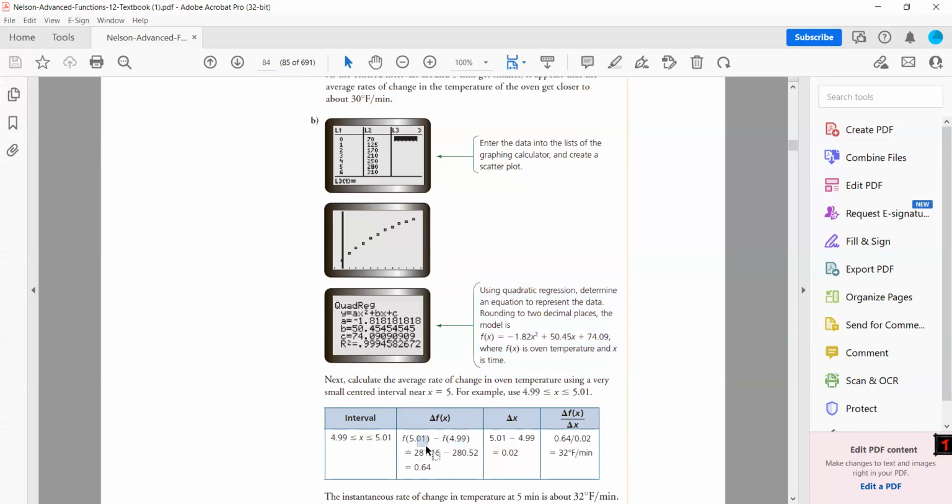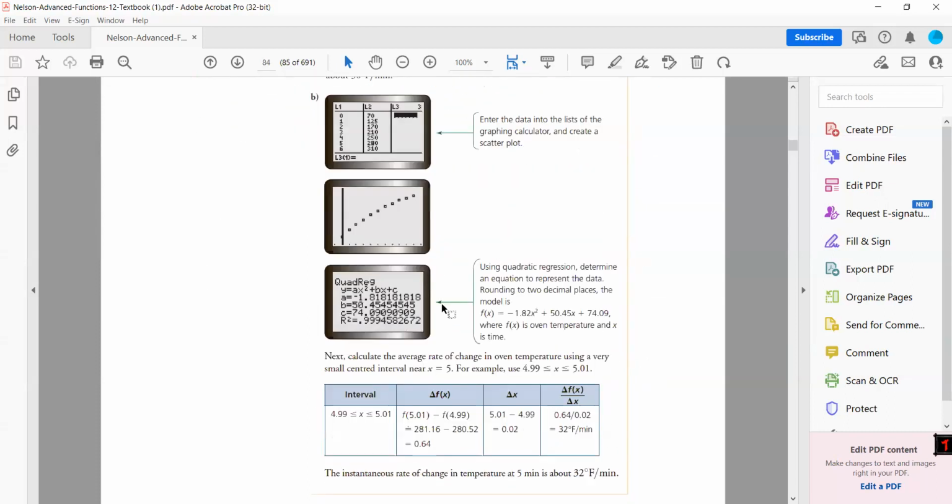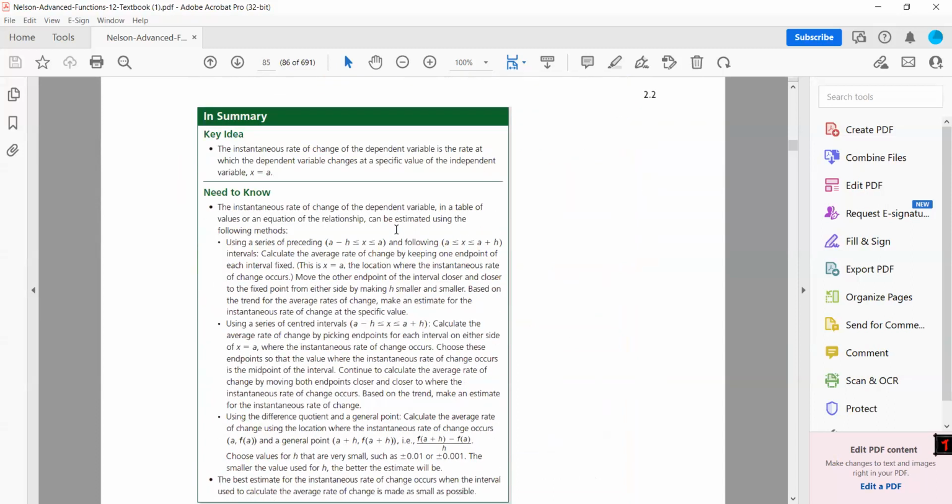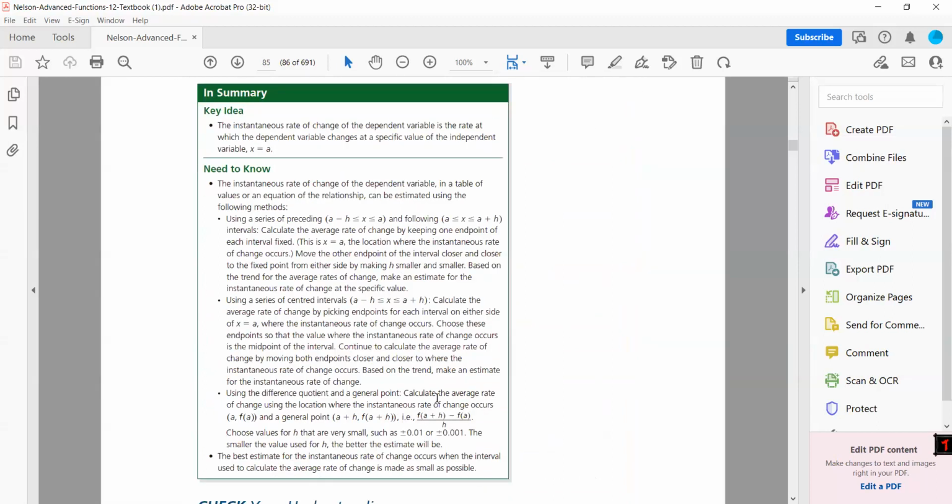You see the very little step of 1/100th, and then they're basically using the algebraic way where we take h as a very small value. And finally, here's the list of key ideas from today's class, and let's review it.